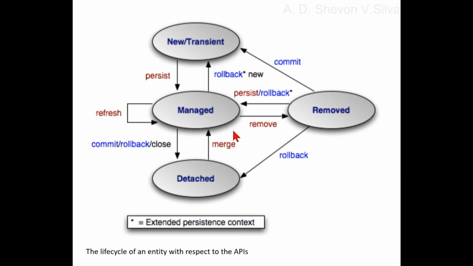Persisting an entity instance: a new entity instance becomes both managed and persistent by invoking the persist method on it or by cascading the persist operation.